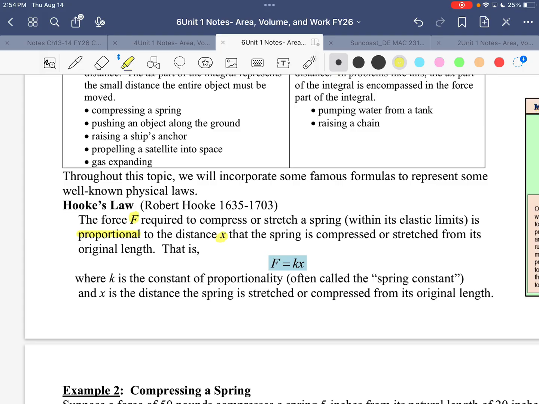Whenever you see something about proportionality, you need a constant of proportionality. So K is our constant of proportionality, aka the spring constant. And x is the distance the spring has been stretched or compressed from its original length. I'm going to refer to the original length mostly as the natural length.